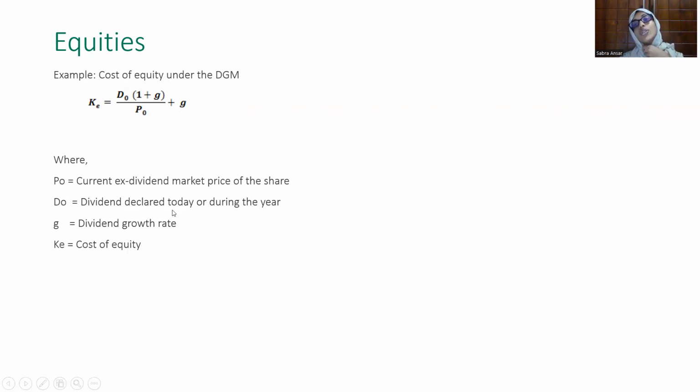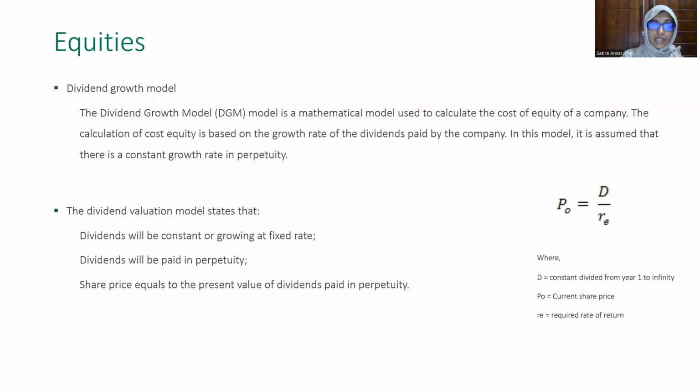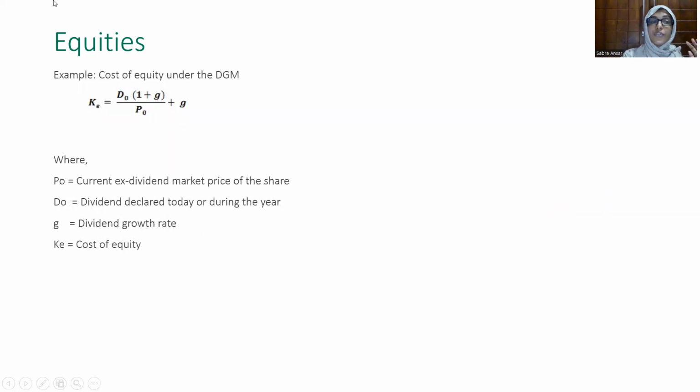As I told you, under this model, what they consider is that the dividend will be constantly growing at a fixed rate. Therefore, 1 plus g, which is the fixed growth rate, is divided by P0, which is the current ex-dividend market price of the share.